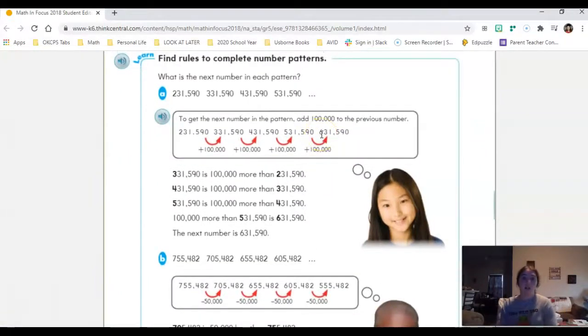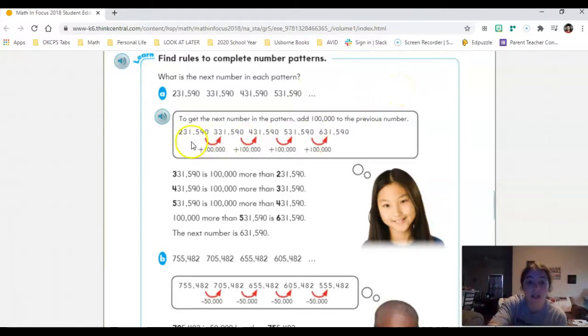So right here it says, what is the next number in each pattern? So it has 231,590, 331,590, 431,590, 531,590, and those 3 dots right here represent that it goes on and on.